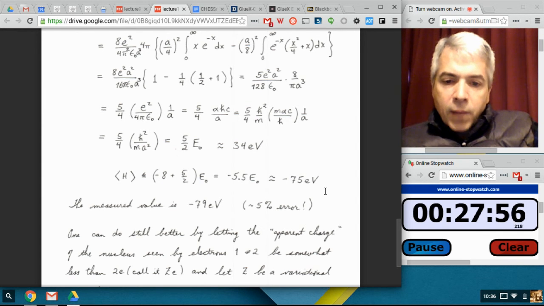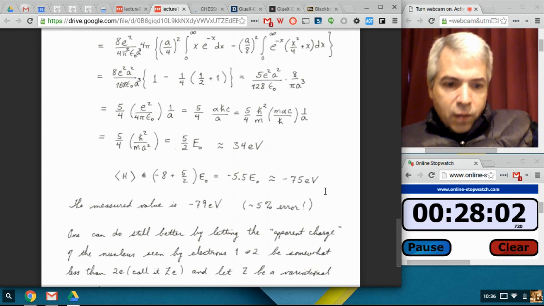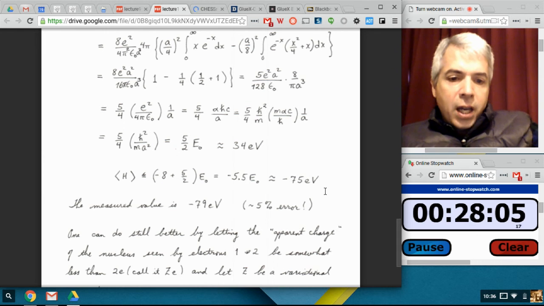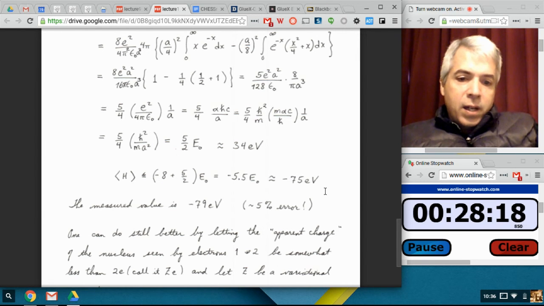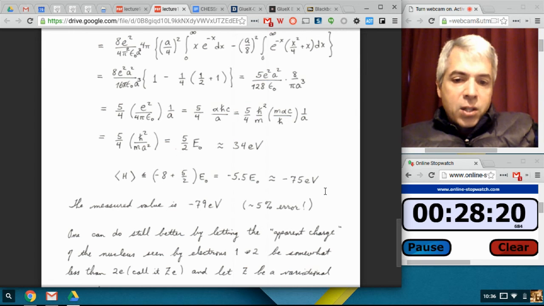And what you can do, and the book shows how to do it, is you can move some of the charge out of the H0, and then your binding energy goes down. So instead of being 8 times 13.6, it becomes 8 times, maybe 10.5 or something like that. That decreases the binding energy because the nucleus is not quite a +2, it's a +1.8, and that's a variable.